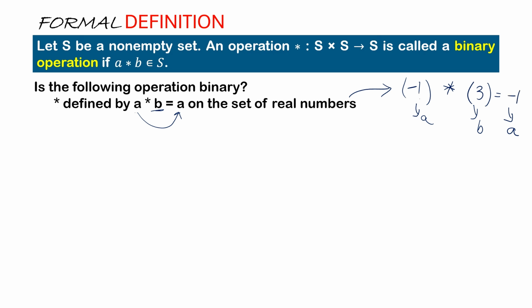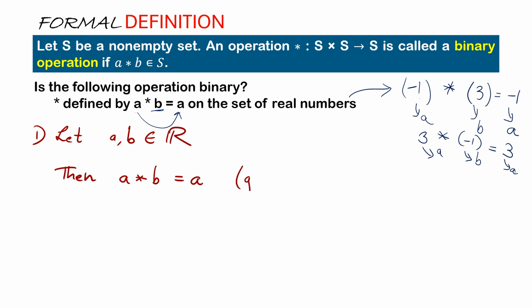So -1 star 3 gives me -1. That's simple. If I want to write down 3 star -1, now my 3 is the A, -1 is the B, so my new A is 3, and the output would be 3. So let us see if it is binary or not. Let A comma B belong to R.